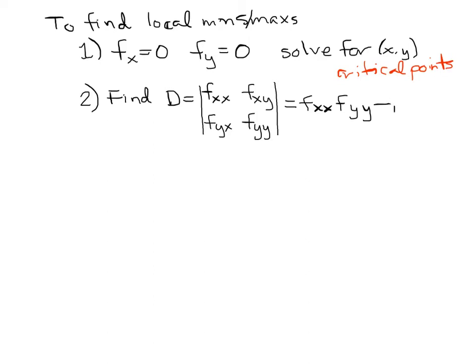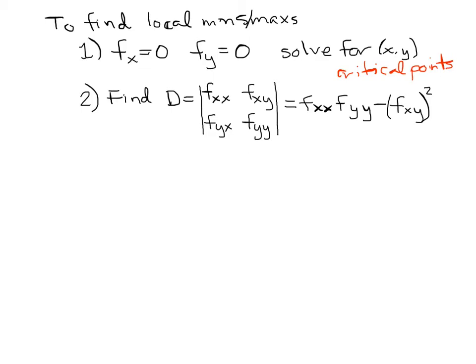So minus the function. Now, remember the continuity of these partial derivatives, and that when we're dealing with continuous functions, those partial derivatives are the same. So I'm just going to take one of them and square it because they'll be the same thing, that lower left and upper right. All right, so that's our determinant.